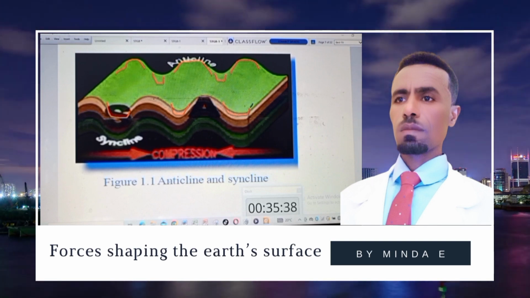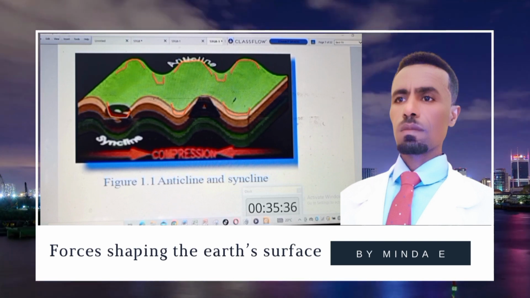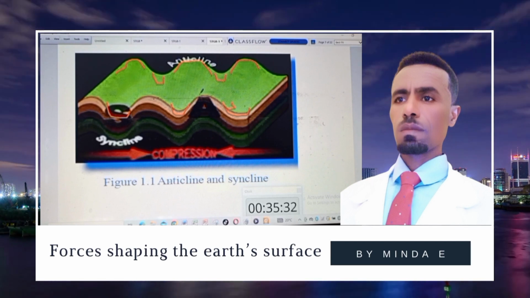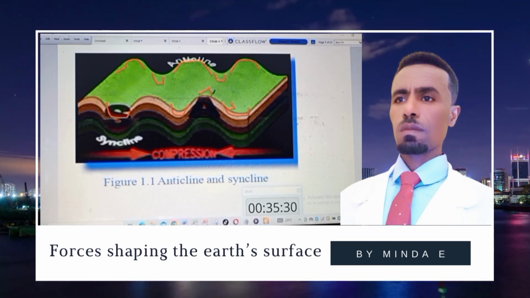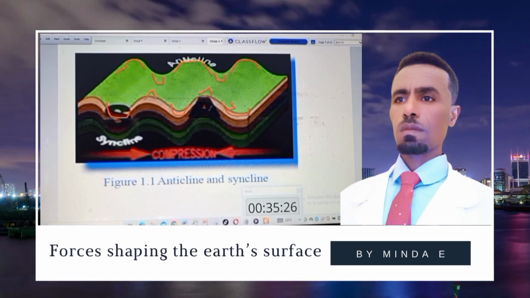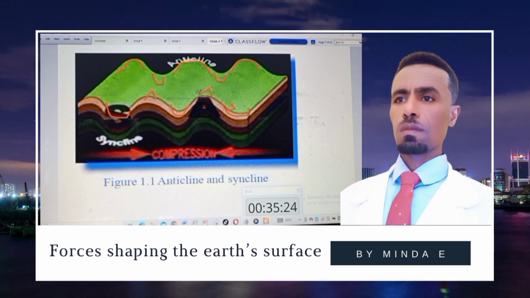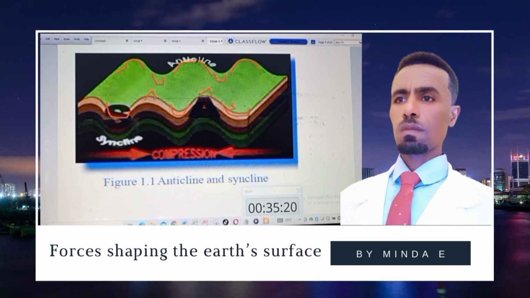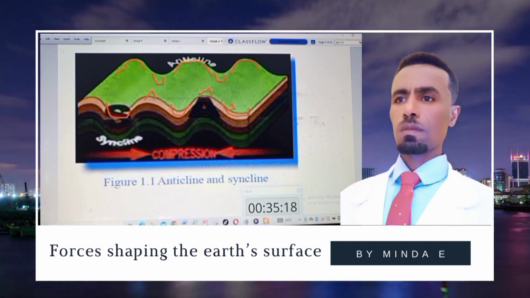This area is syncline, and this area is anticline, upward folding. So we can understand from this figure the difference between anticline fold and syncline fold.